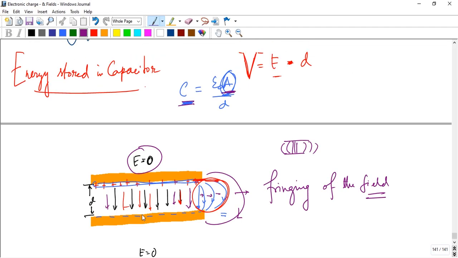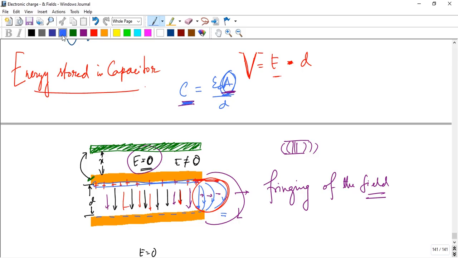Okay, now if you want to calculate energy, the surface moves upward, and we compute the work done to move that surface, an increment of d by x. When the upper surface moves, after moving the electric field is not equal to 0, whereas before moving the electric field was 0.